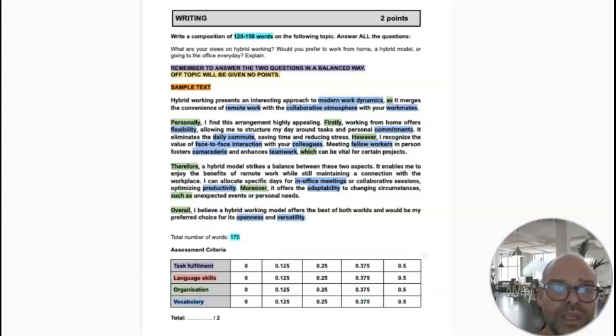Now, all the words that are highlighted in green are connectors, so you have to use a variety of connectors. And the last criteria is the vocabulary, and this means that you have to be able to use a wide range of vocabulary related to the topic of the questions, right?